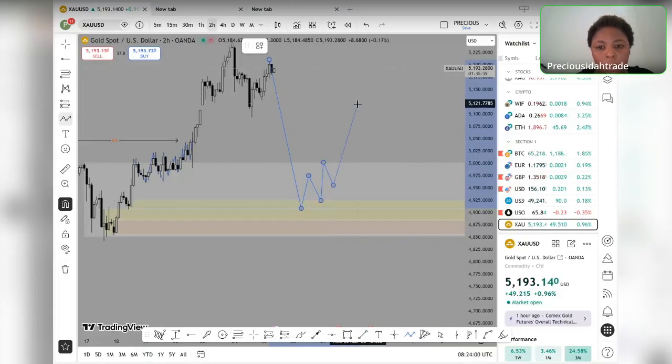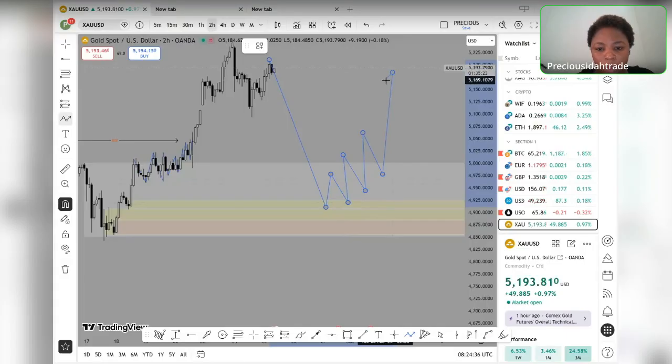I want to see something like this. This is a change of character here. Price coming down to mitigate our other block here, then moving upward. Or we can wait for an extra confirmation before moving up here.